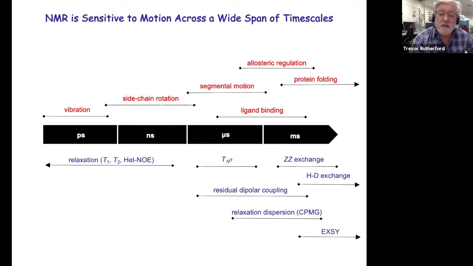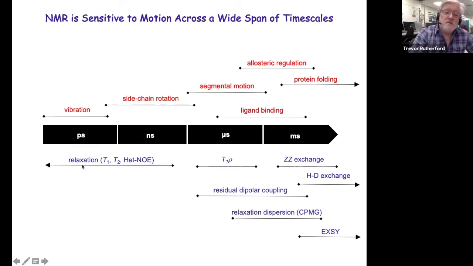We've decided to split the talk, so that she will do more of a focus on the dynamics, but I am just going to introduce the concepts that we have various processes that are occurring inside all biological macromolecules. And they are occurring on a range of different timescales, okay?